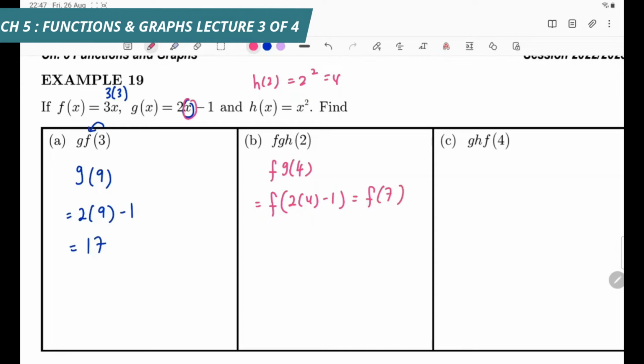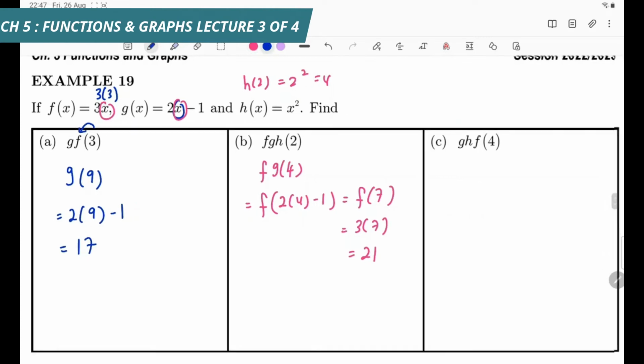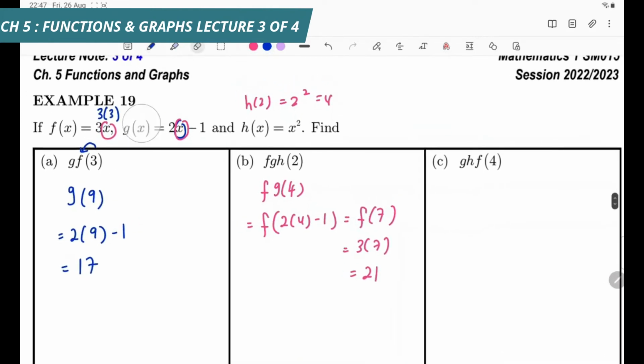And then substitute 7 into the f, so we're going to have 3 multiplied with 7, which is 21. And for the last one, g of h of f of 4.